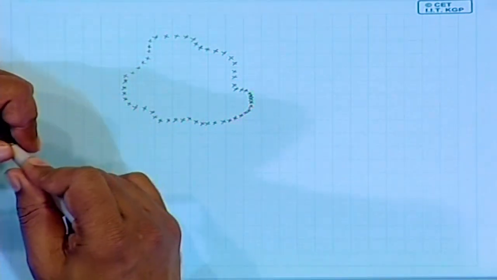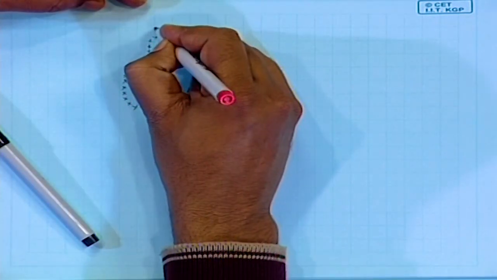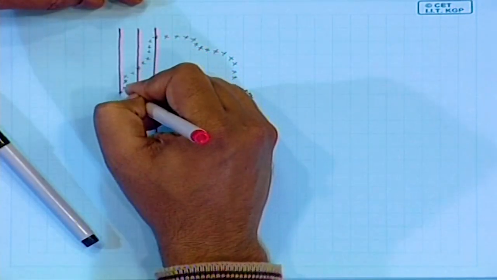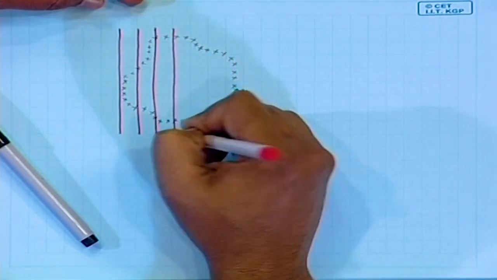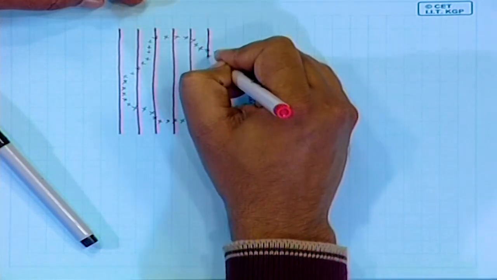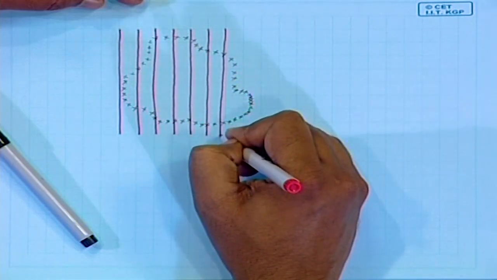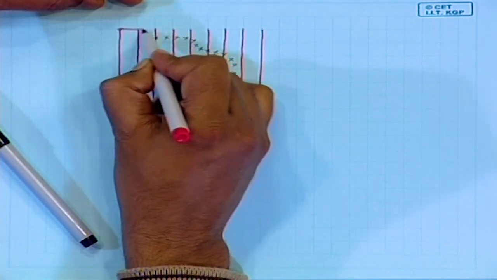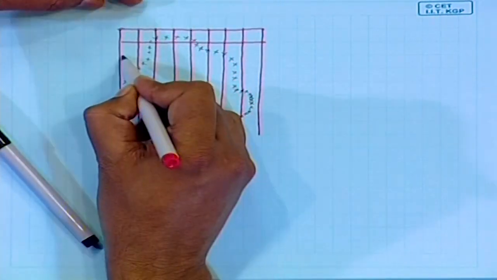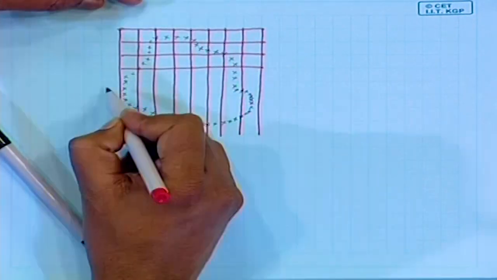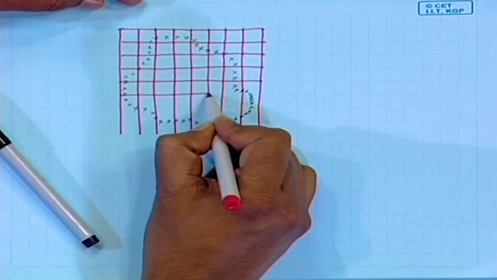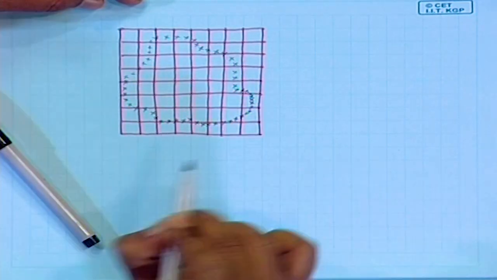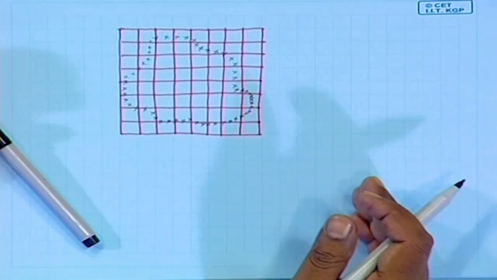So, if I put the grid spacing like this, these are the grids of larger spacing in which I embed these boundary pixels.